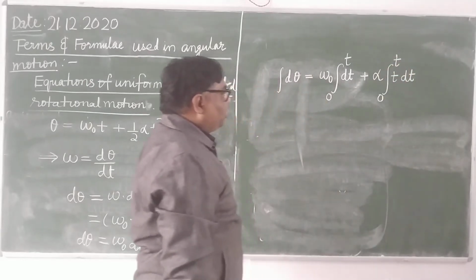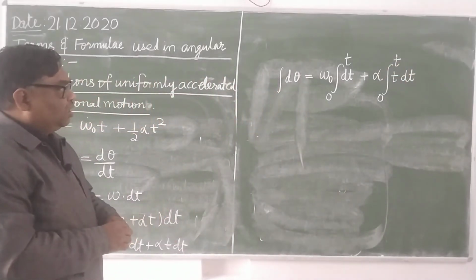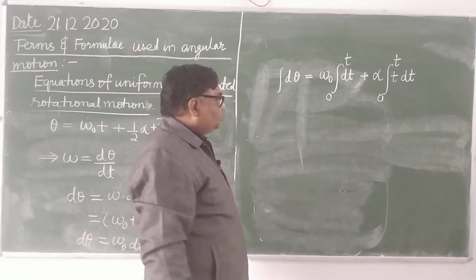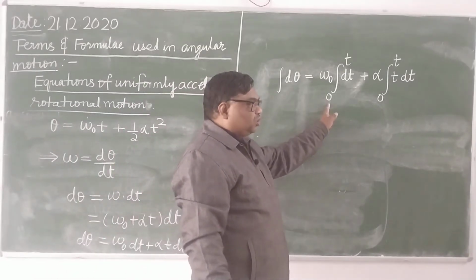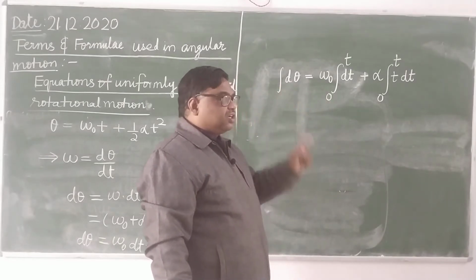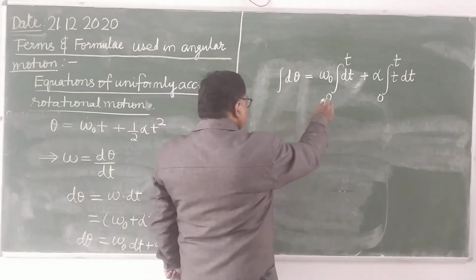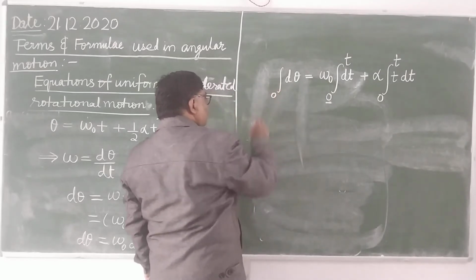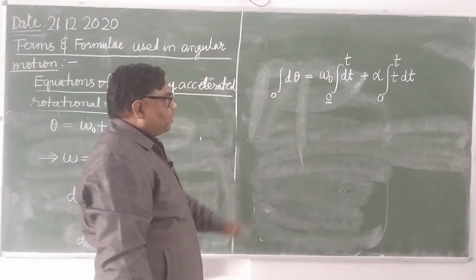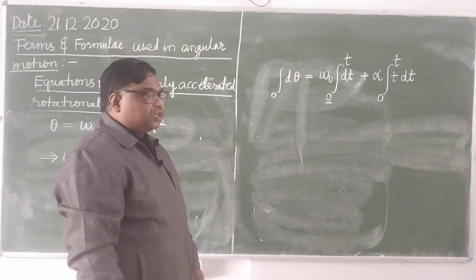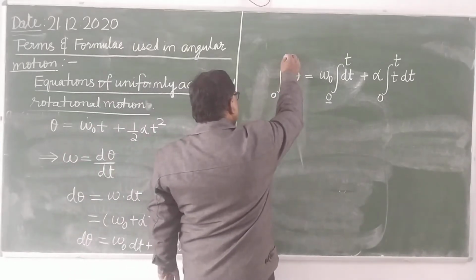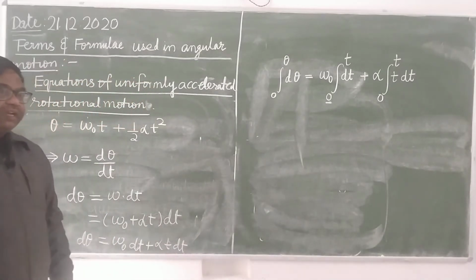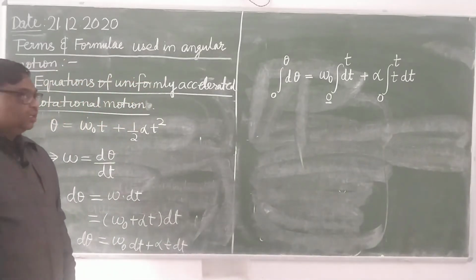That's why the limit of time will be kept. Here you will substitute the limit of angle. When time t equals 0, the body has not started moving, or it has just started moving. So what was the angular displacement? 0. But after time t, the angular displacement has become theta, because we have assumed the body rotates by an angle theta in the time t.